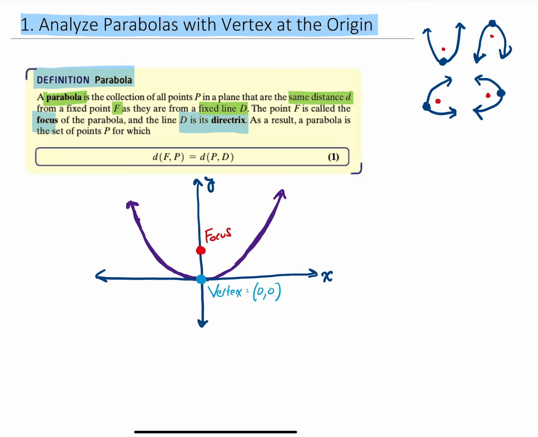And the fourth, it would be over here. The parabola will always open towards the focus point. And then this distance between the vertex and the focus point we'll call A. So we'll use this letter for this distance.